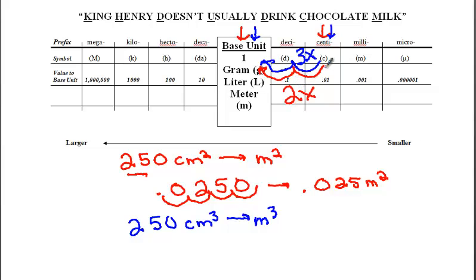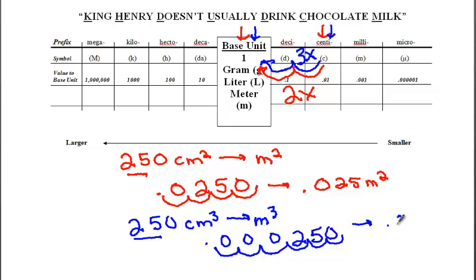So now instead of moving it 2 spots to the left, I move it 6 spots to the left. So now my number becomes 250. 1, 2, 3, 4, 5, 6. And now I fill it in with zeros. I want to keep my significant figures, which is 2. And now my answer would be 0.00025 meters cubed. And there's my conversion in 3 dimensions.